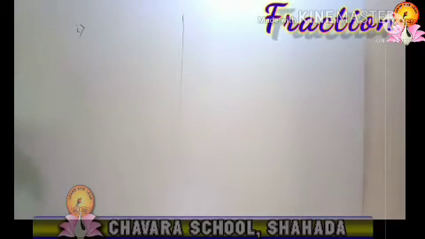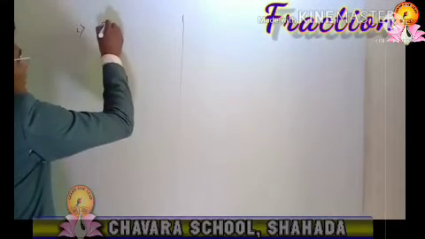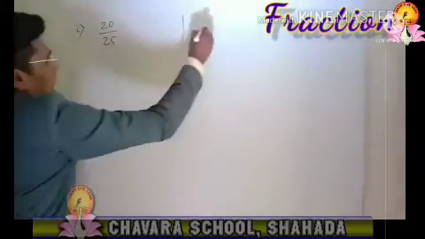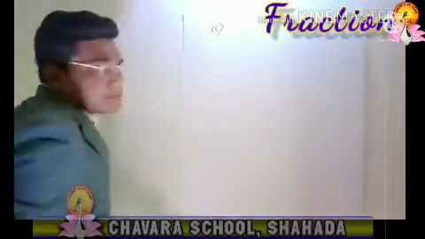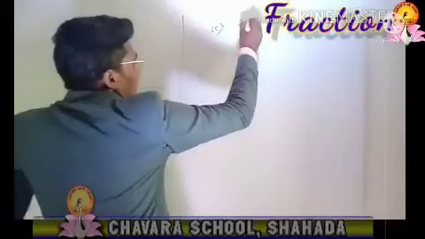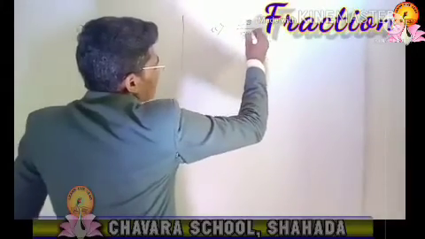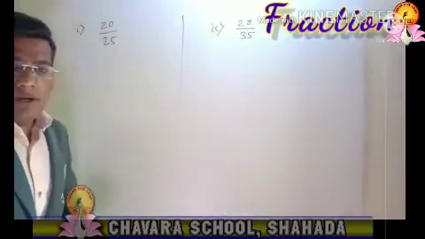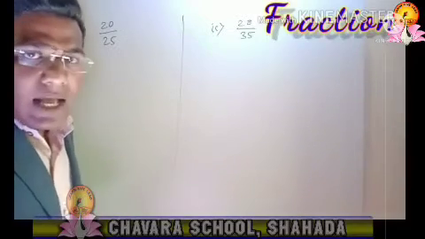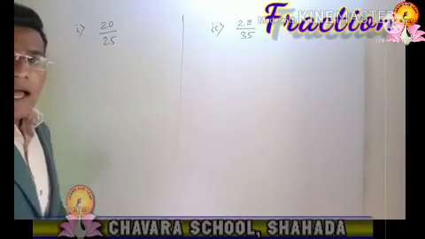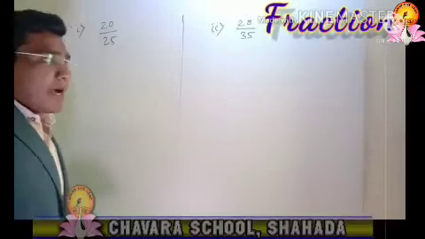The first one is 20 by 25, and the other is 28 by 35. Now we will solve one by one. As we know the HCF method, we solve it by using the HCF method.